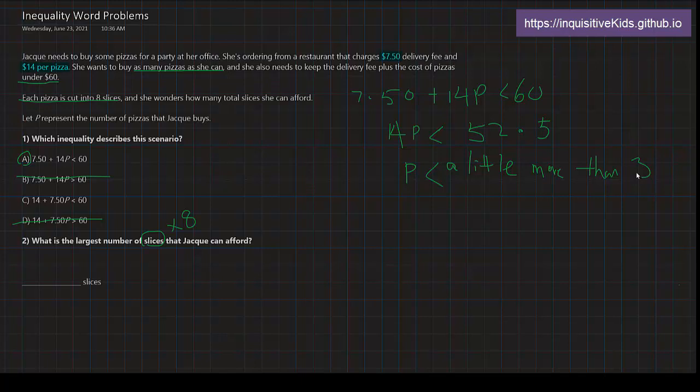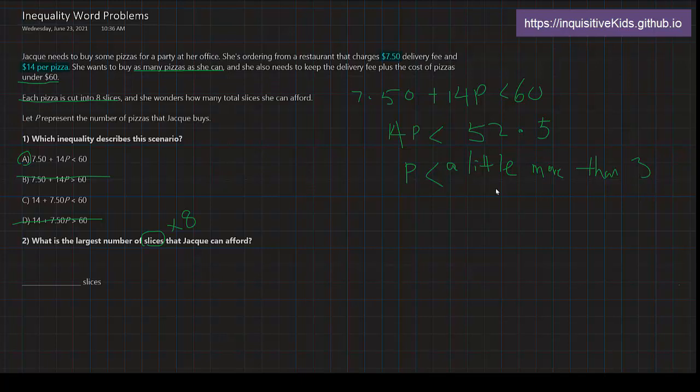But this is a real life situation. I always say this in these problems. Sometimes you can go into fractions, but in this case, you can't go into fractions. You either buy a pizza or you don't, you can't have a fraction of a pizza.